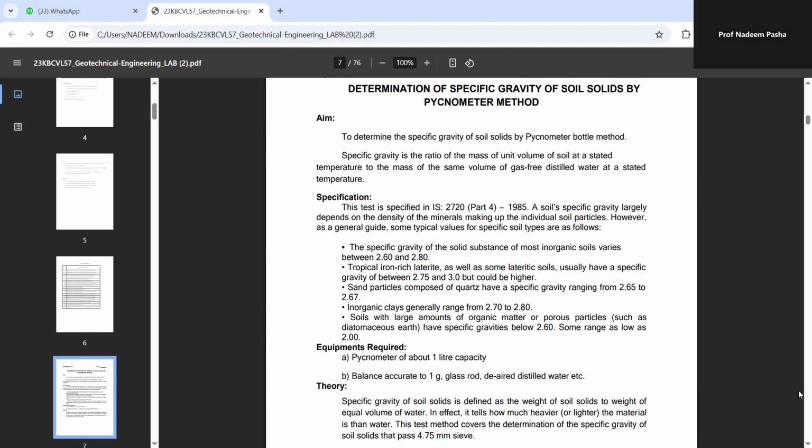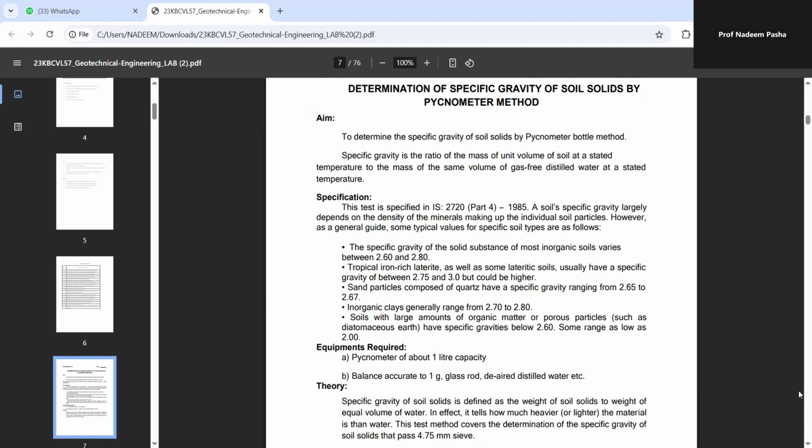If it is a soil of 1 kg, the ratio of mass of unit volume of soil at a stated temperature, say room temperature or say 30 degrees Celsius, to the mass of same volume of gas-free distilled water at a stated temperature. It is known as specific gravity.